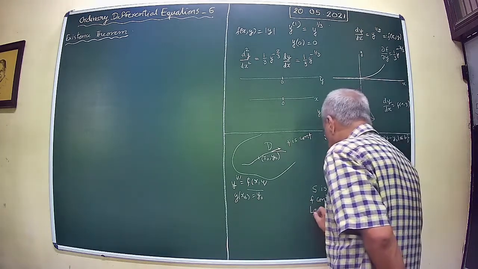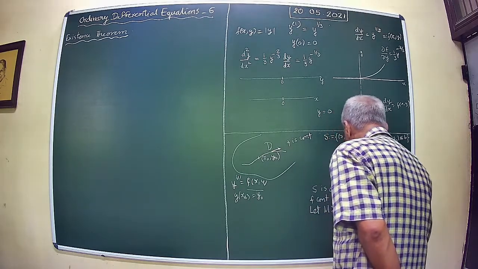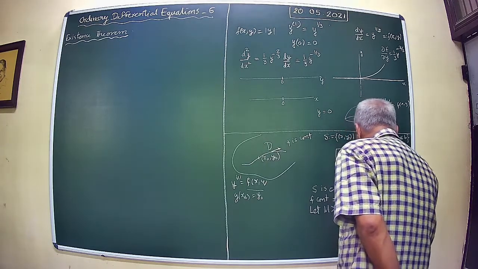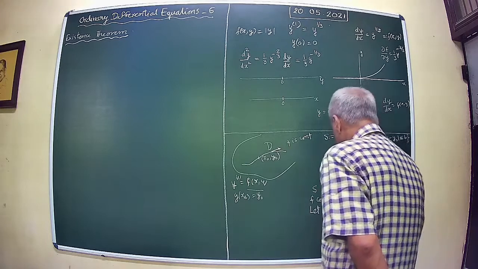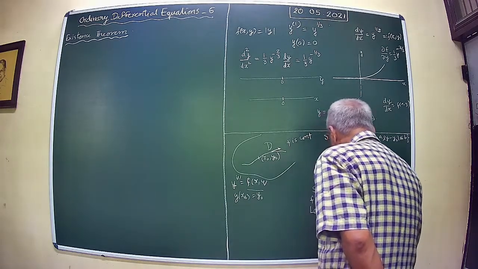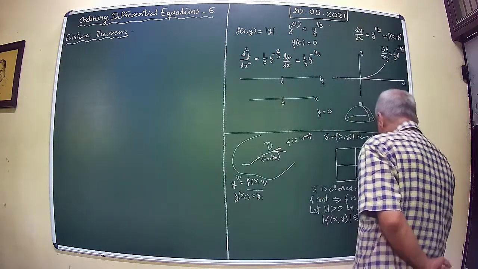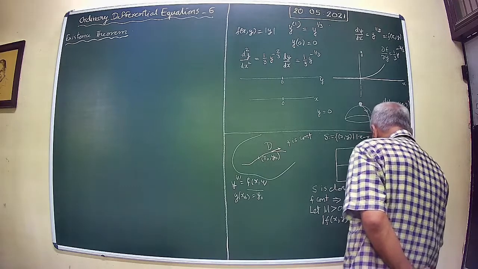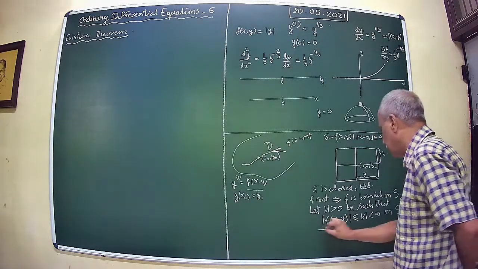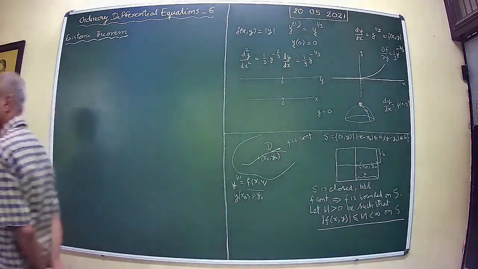Let M be the bound for this: |f(x, y)| ≤ M, finite on S. Take some bound for this.